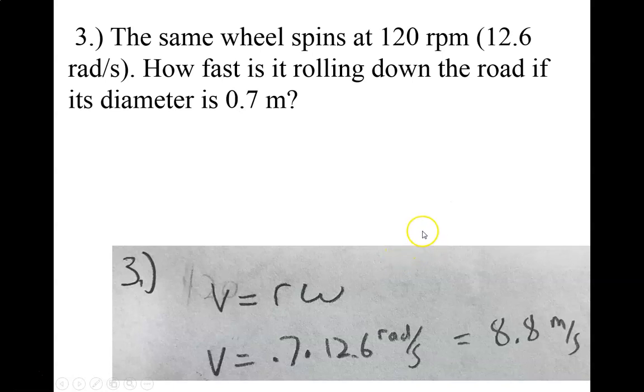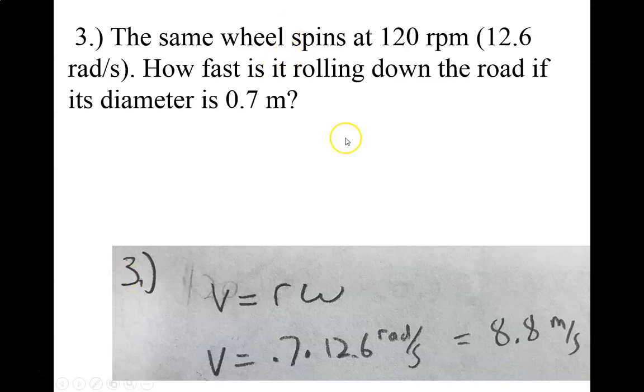So the same wheel is spinning at 120 RPMs or 12.6 radians per second. How fast is it rolling down the road if the diameter is 0.7 meters? Well, basically the edge of the wheel is spinning as fast as the road. So we just want to figure out how fast the edge of the wheel is spinning, which is the linear velocity.